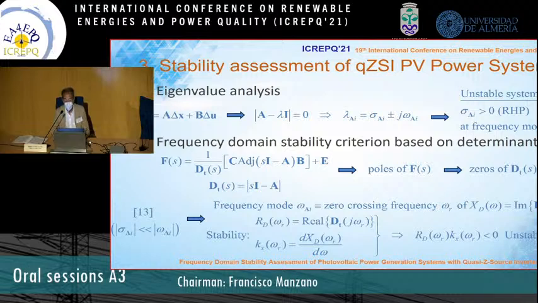Regarding the eigenvalue analysis, we must obtain the eigenvalues of the state space matrix, and if the real part of these eigenvalues is positive, that means that the eigenvalues are in the right-hand plane, the system is unstable, and the frequency of the oscillations of this unstable system corresponds to the imaginary part of these eigenvalues.